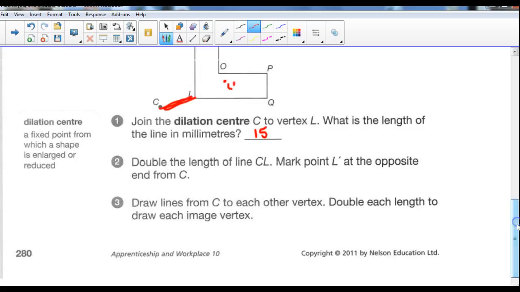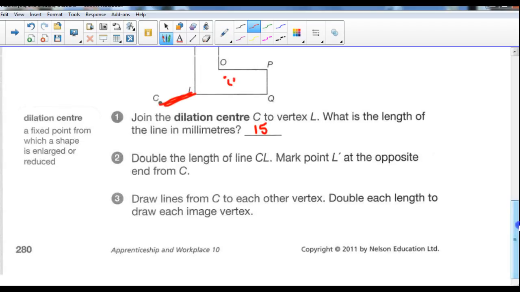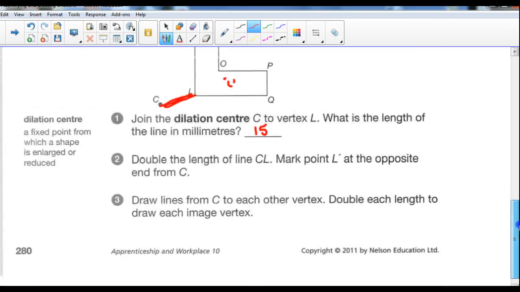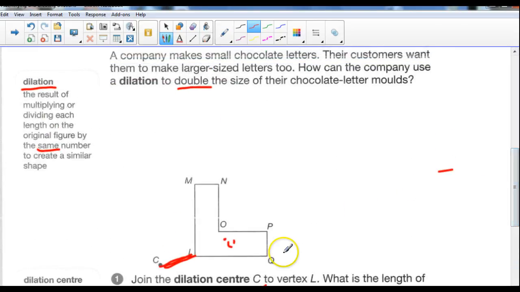Draw lines from C to each vertex. Double each length to draw each vertex. So we can draw lines from here to here, and then we just double that line. Whatever this measures from here to here, we double it, and we go up to about here.